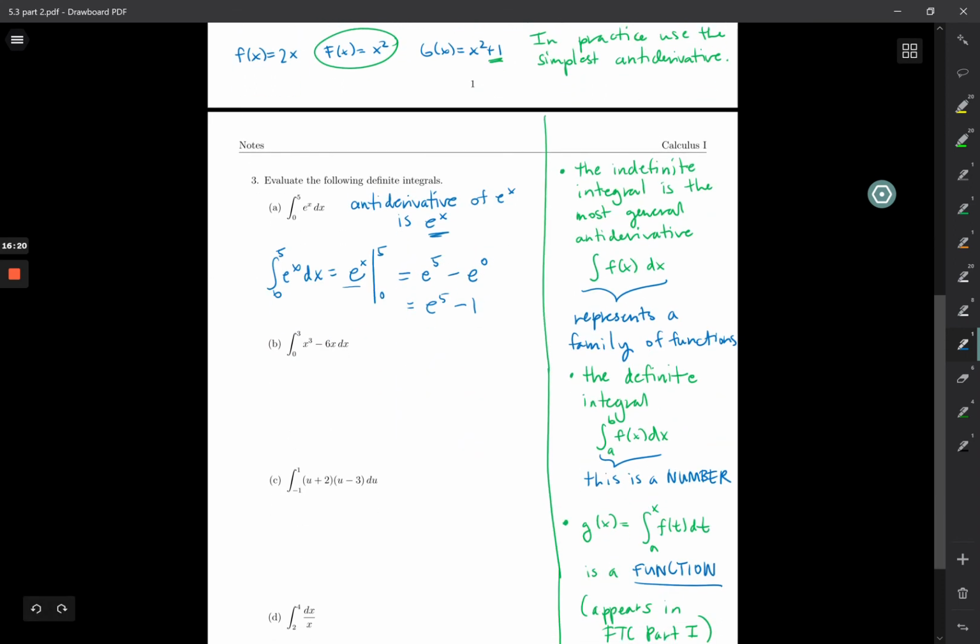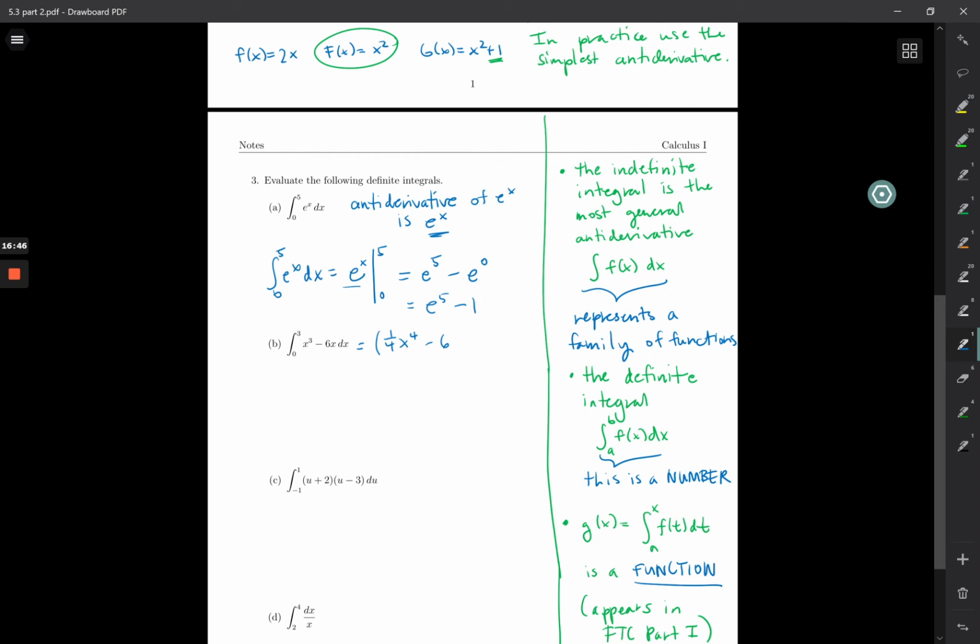Okay, so let's go ahead and do the next problem. So we can do this in the same way. So the first step is to find an antiderivative. An antiderivative of x cubed would be 1/4 x to the 4th. And then an antiderivative of negative 6x, we can just keep the negative 6 out front.